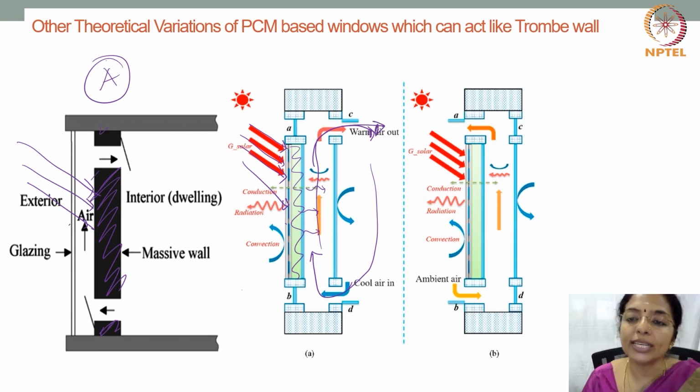During summers, when you don't want the indoors to be heated, you just close these vents and open these two vents. And you would still have a good amount of visual connect to the outside because you no longer have a solid wall as you normally would have in a trombe wall.